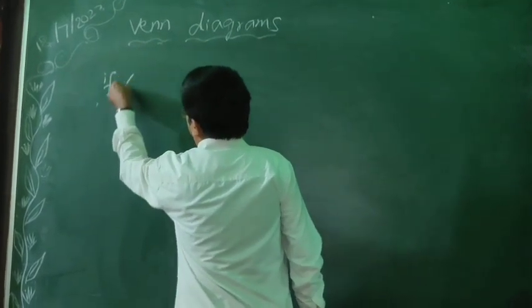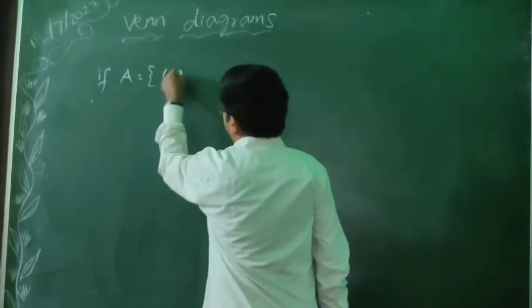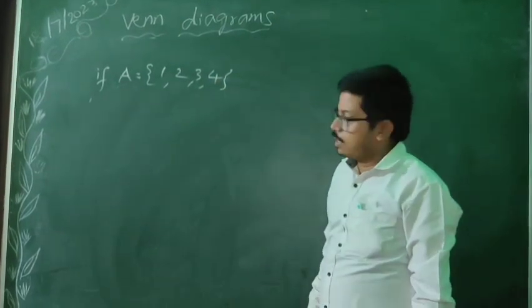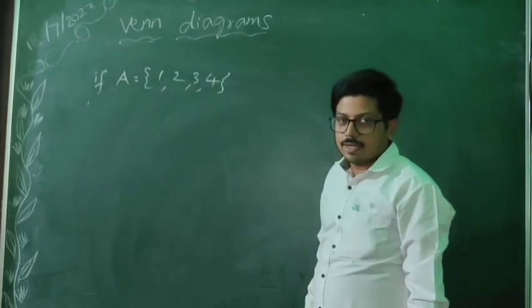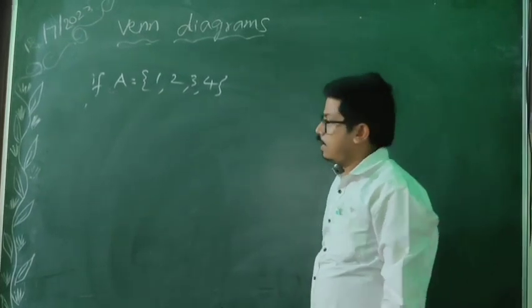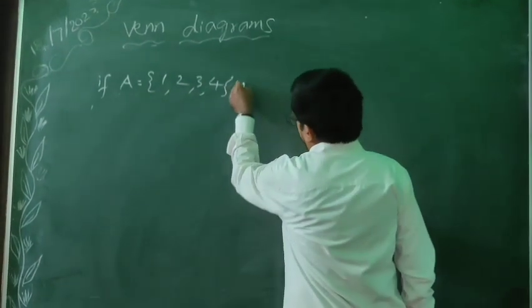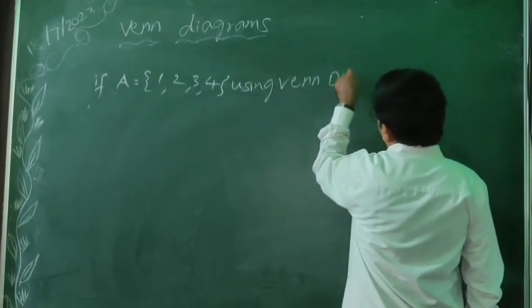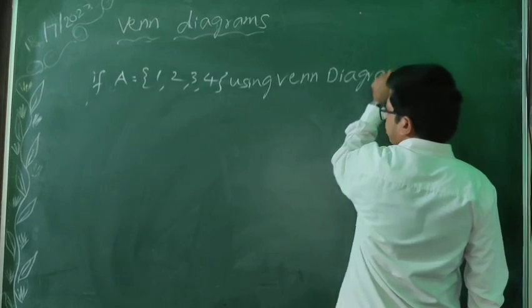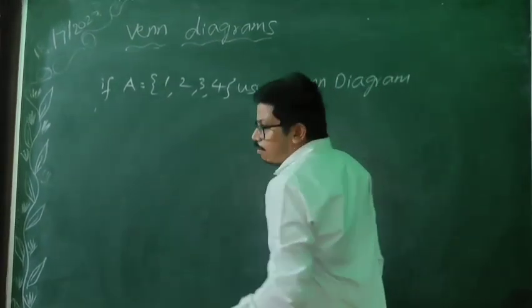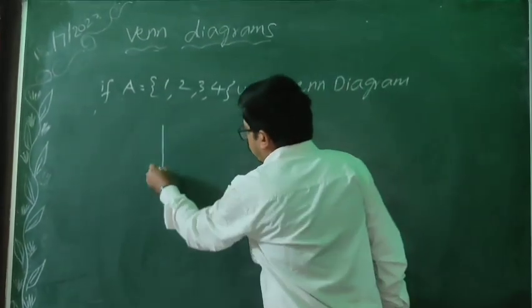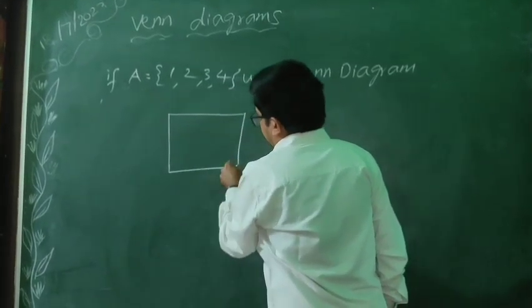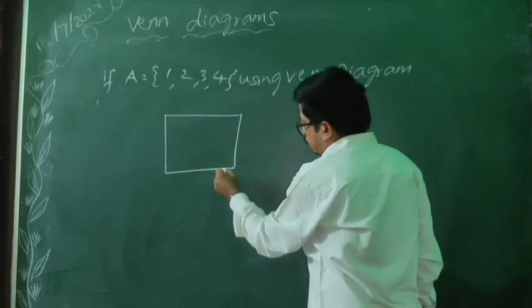If A = {1, 2, 3, 4} is a set, I will show this using a Venn diagram. Normally, we include sets in universal sets.